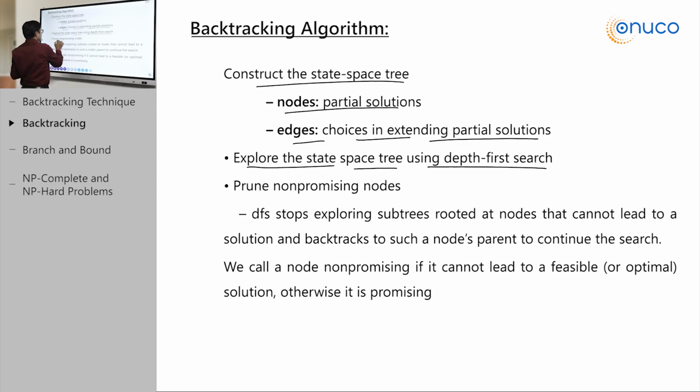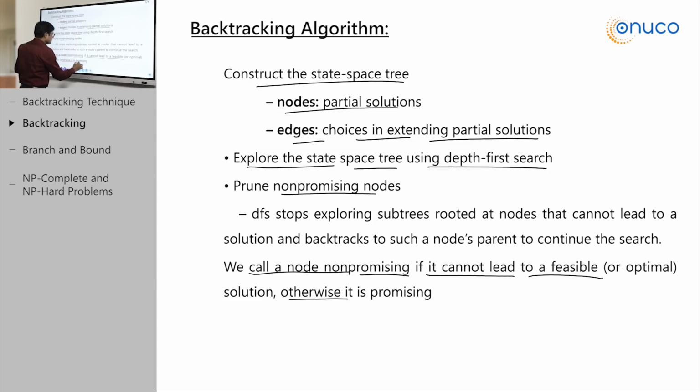Now here we have non-promising nodes. There are two types of nodes: non-promising nodes and promising nodes. What are they? Let us see. We call a node non-promising if it cannot lead to feasible solutions or optimal solutions.